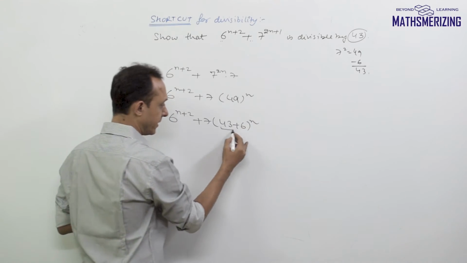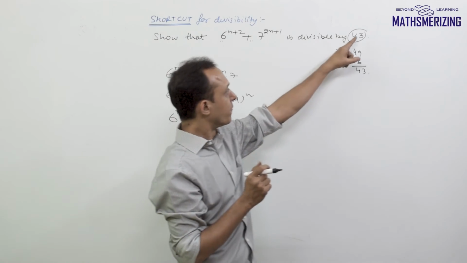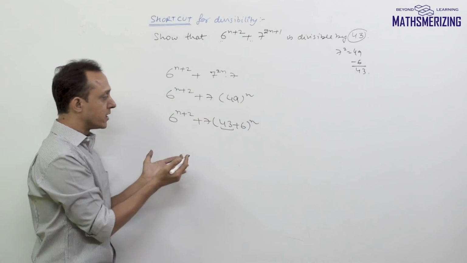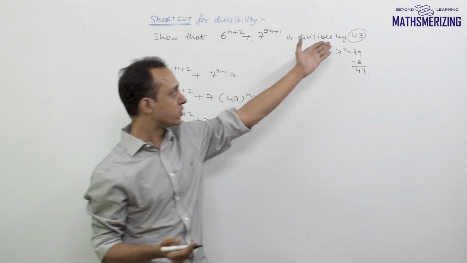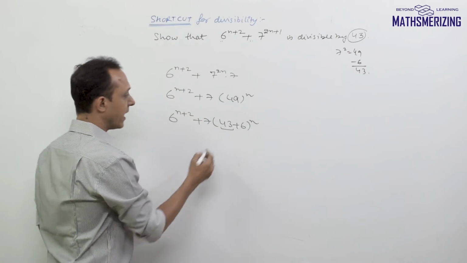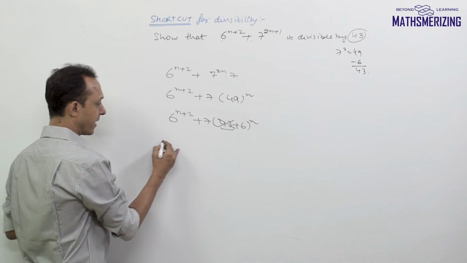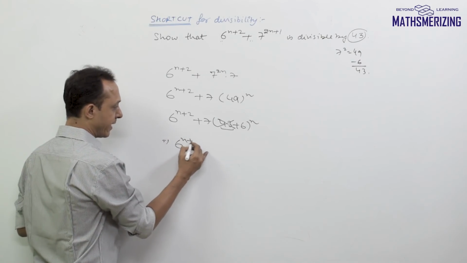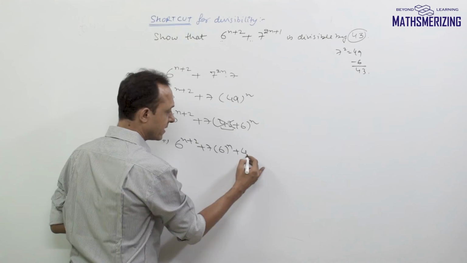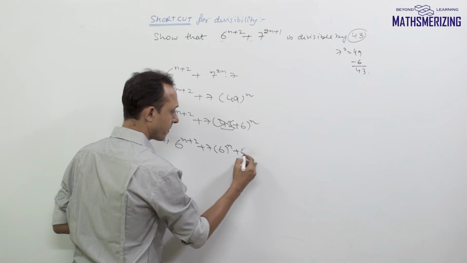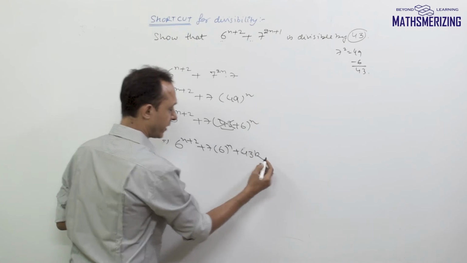Now this number 43, we have to look for the multiples of 43. So all the terms containing 43 or any higher power of 43, they'll be divisible by 43. So I have no interest in them. So I'll simply discard this term and I'll write the shortcut as 6^(n+2) + 7 into 6^n and then plus some terms which are multiples of 43.